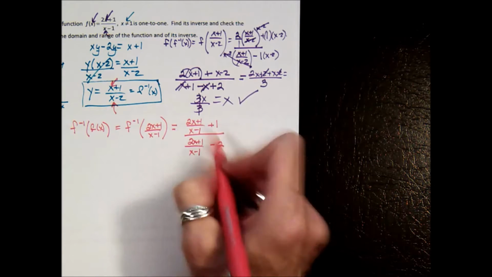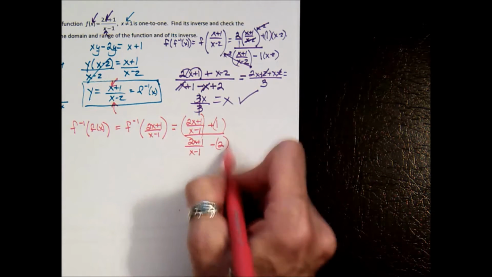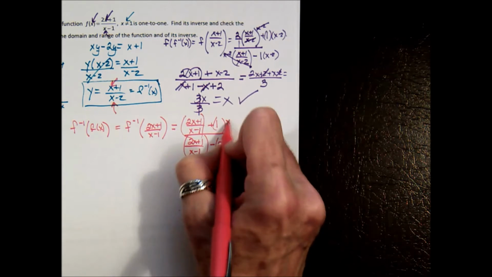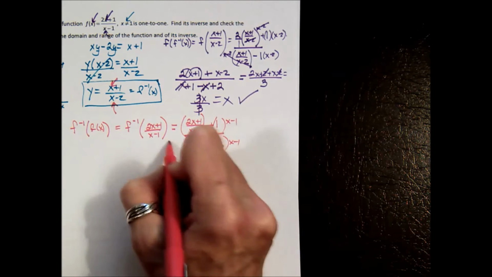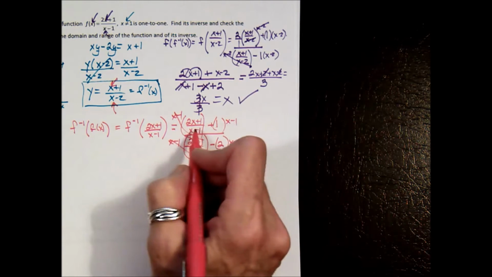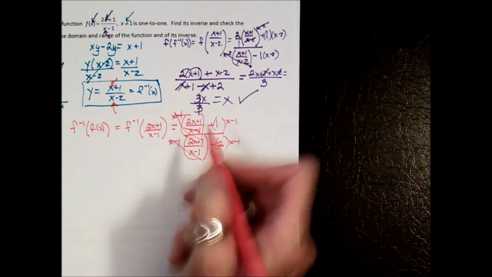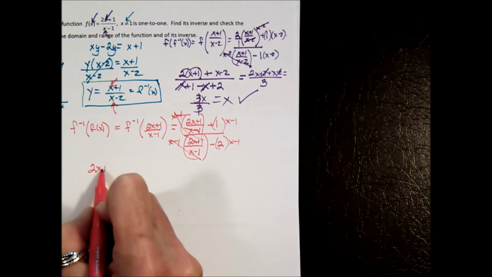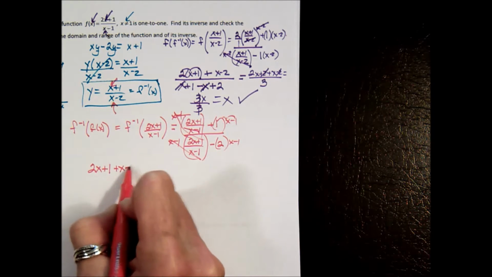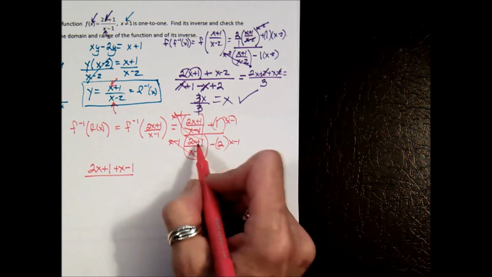Let's put each term in parentheses because I need to get rid of those denominators by multiplying by the LCD, which is x minus 1. Those cross cancel, and I am left with, in my numerator, 2x plus 1, and distribute that, plus x minus 1 over 2x plus 1.